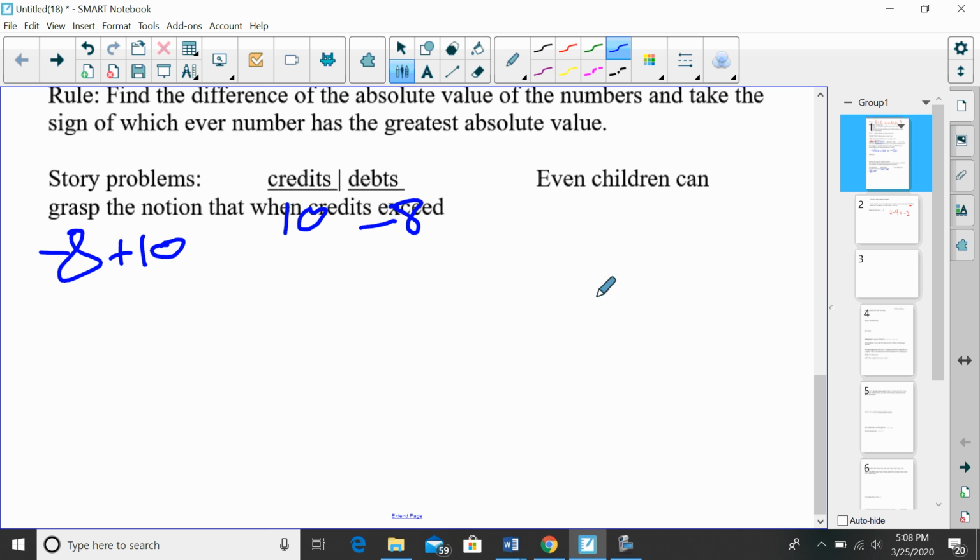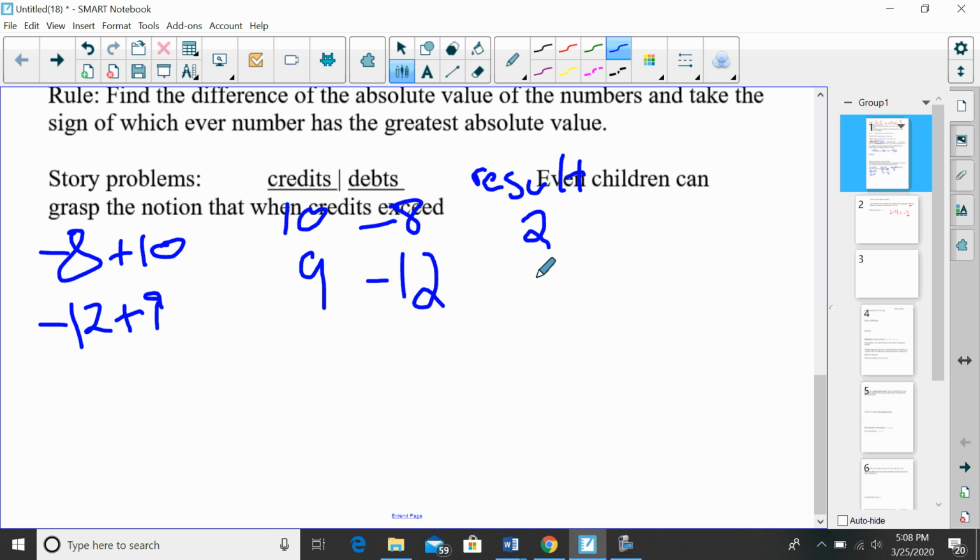You would have +2. So if I made a column over here for results, this would be +2. But if I had a debt of 12 and then I got a paycheck for 9, I would have a credit of 9 but a debt of 12. I'm still in debt and my result is -3.